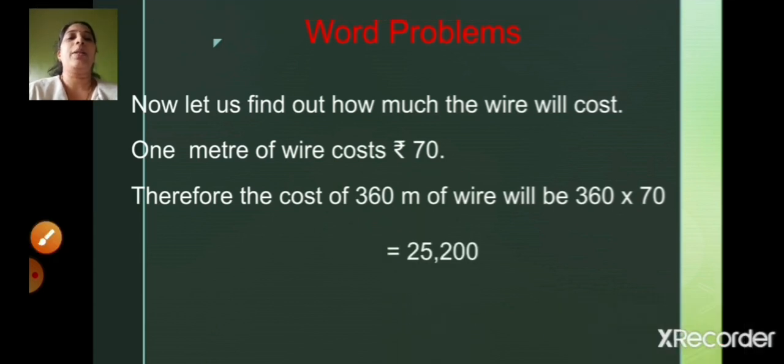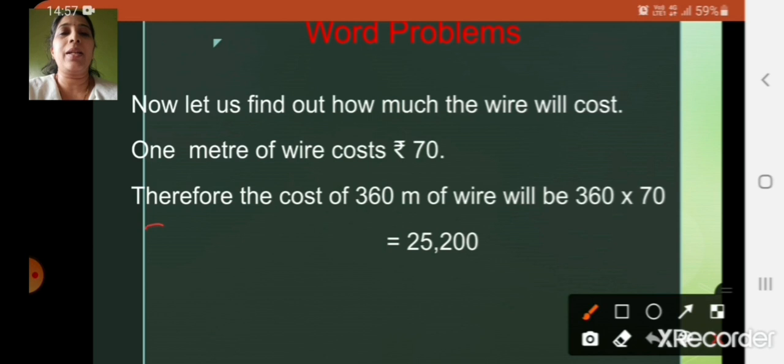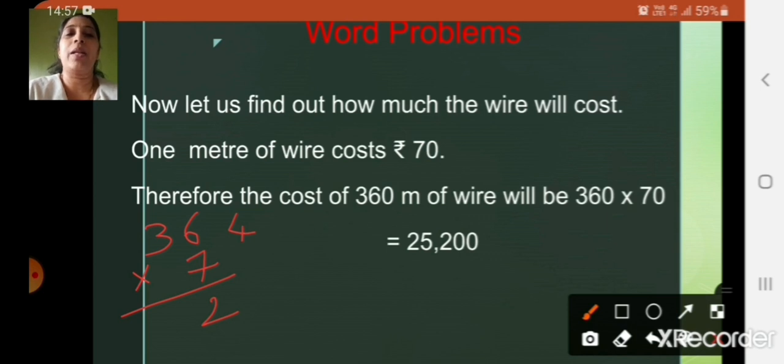So when you multiply 360 into 70, you get the answer as 25,200. Right? You can directly do the multiplication also. 36 into 7 I will take. Right? 7 6s are 42. So 4 carried over. 7 3s are 21. 21 plus 4 is 25. Right? So 36 into 7, you get the answer as 252 plus these 2 zeros.